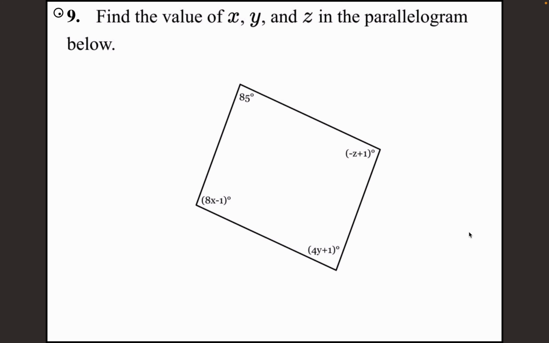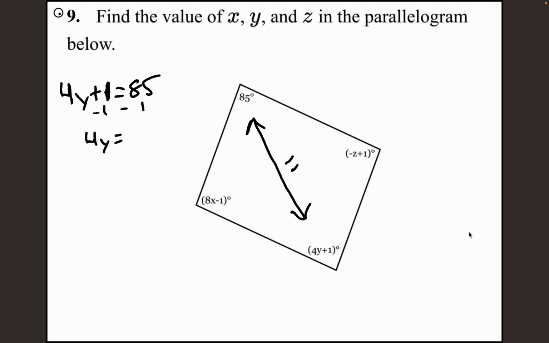How can I set this up to start for y? Yeah, the diagonals equal each other. So if this angle is 85, let's put 4y plus 1 equals 85. I subtract the 1, divide by 4, and y equals 21.